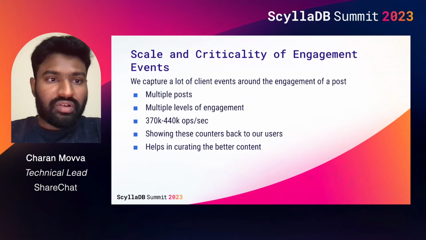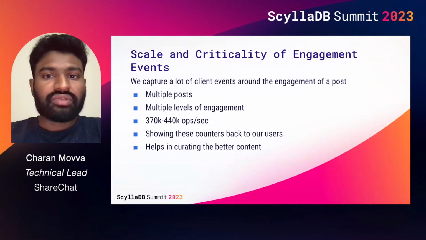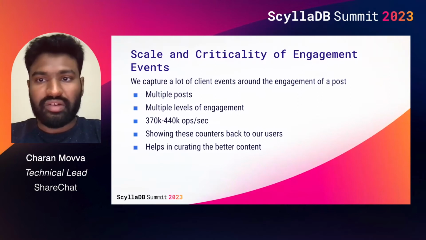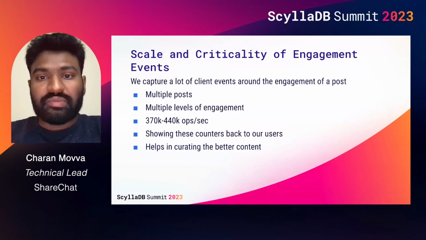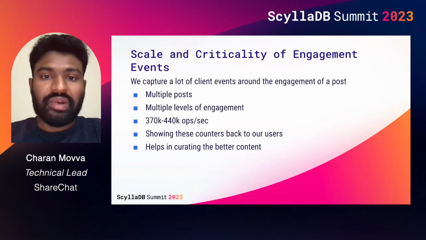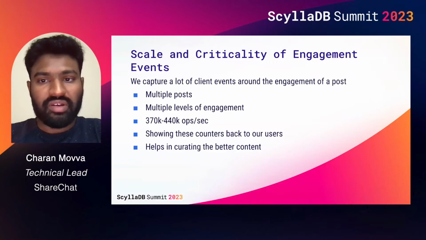To understand what engagement events are and the criticality around them: while serving content to our end users, we collect a lot of events around the way they interact with our app. These include view events, as in which post the user viewed, and whether they found that post engaging by liking, sharing, or commenting on it. So it is evident that we capture a lot of events at multiple post levels and also around multiple levels of engagement.